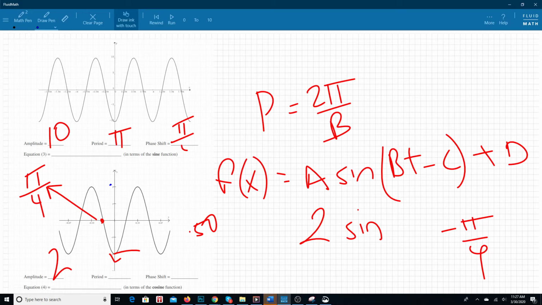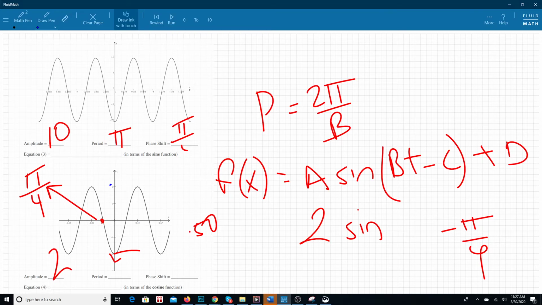That would be 1 itself, which in this case we could take as being a full 360, so that's 2 pi. One full cycle would be 2 pi. So that means that B is going to be 1.